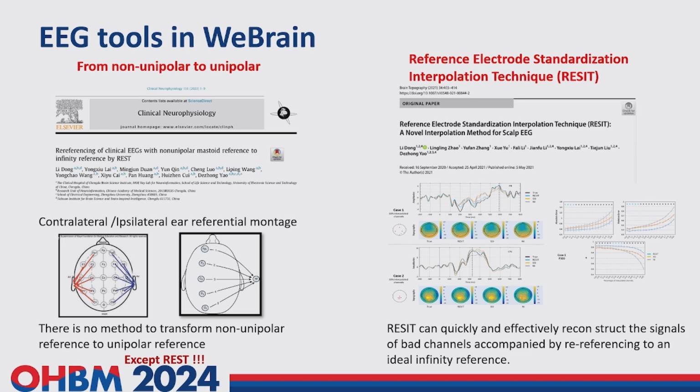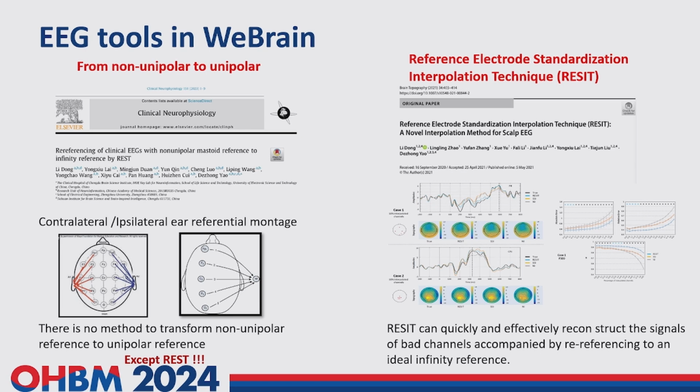The second example is the bad channels. We often encounter the problem of EEG data with bad channels because of the electrode problem, the recording process, or the equipment problem. And we always adopt interpolation methods, such as the spherical spline interpolation or the neighborhood interpolation.